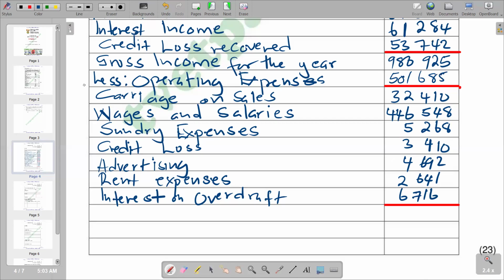And let's take note, we are saying less here, so we can put our brackets to show that we are subtracting. And then we say 980,925 minus 501,685. And then the next figure should come here as our net profit for the year, which is 479,240. And the description is net profit for the year.